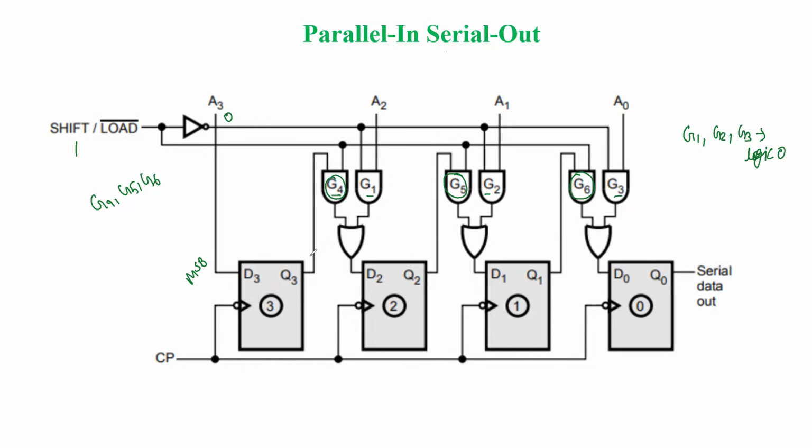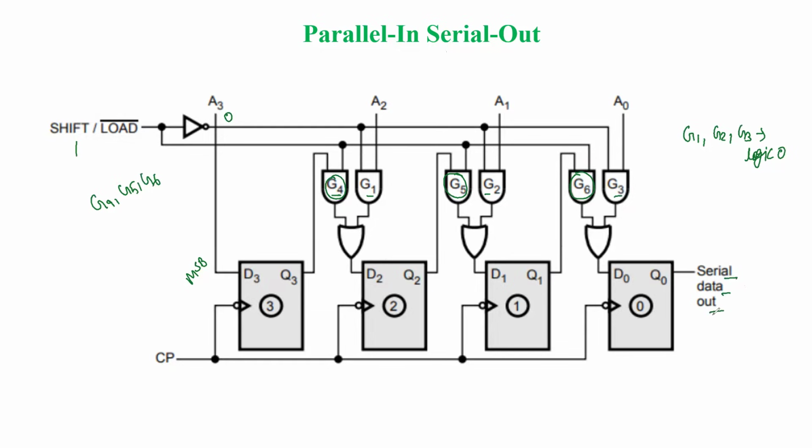In the next clock pulse, this Q3 will be the input to G4, Q2 will be the input to G5 and Q1 is going to be the input to G6. Like this, data is being shifted towards the right.